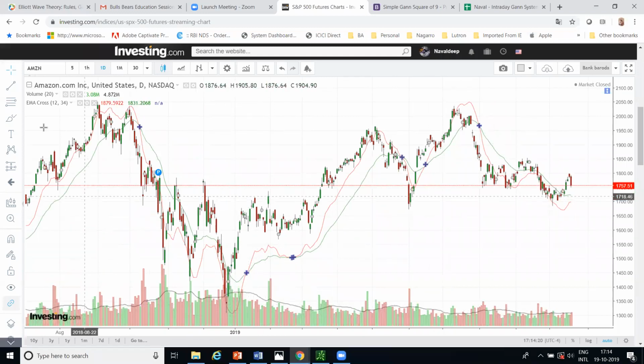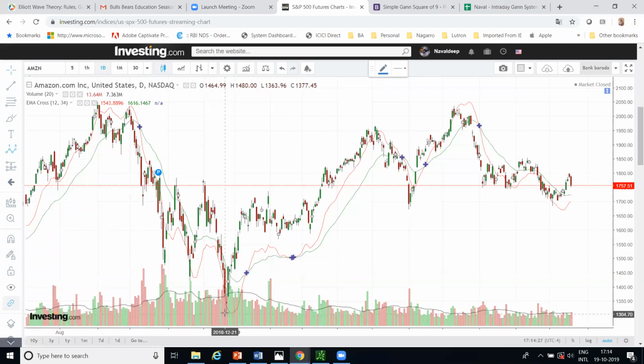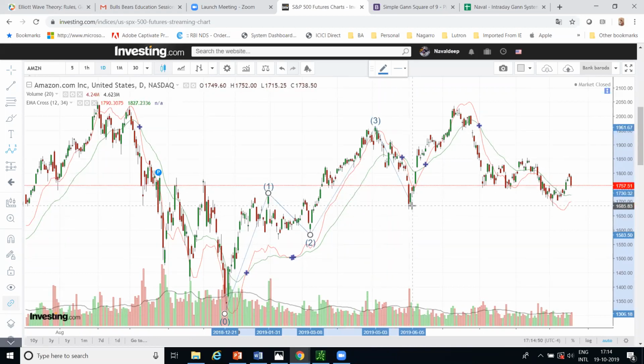So let me make my Elliott waves. That's my count, and I can verify this. I'm just showing you how to do it, but you can verify this by creating a Fibonacci retracement and Fibonacci extensions, to see whether it is following the principle or not.